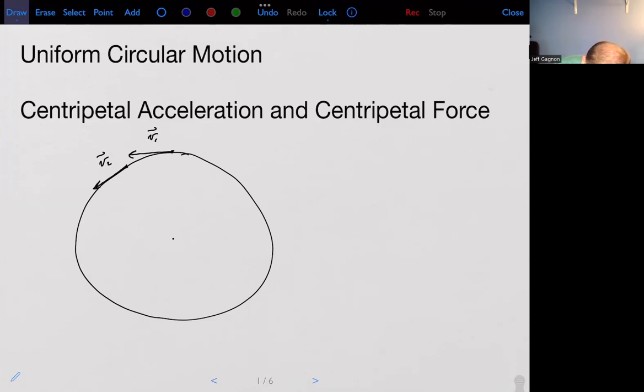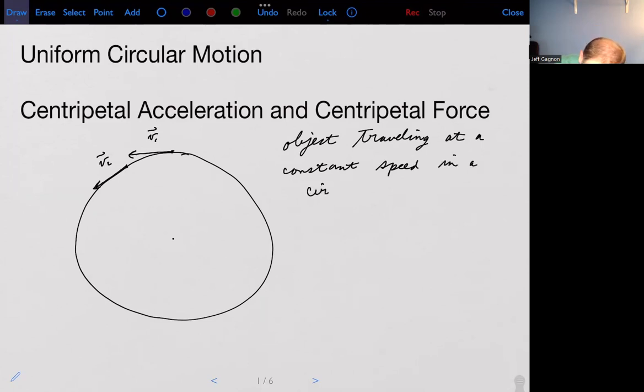So we have an object traveling at a constant speed in a circular path. Okay, so that's what is meant by uniform circular motion.